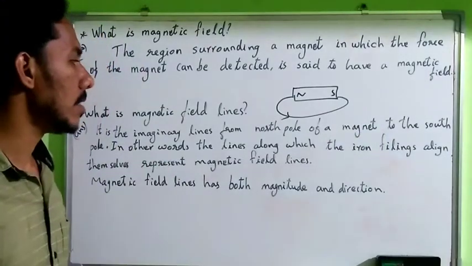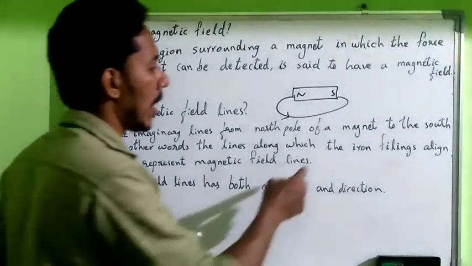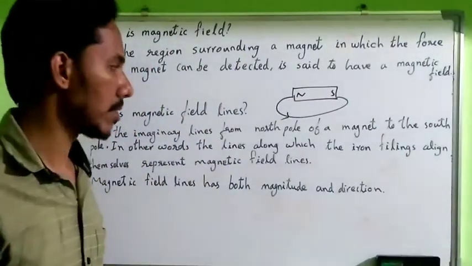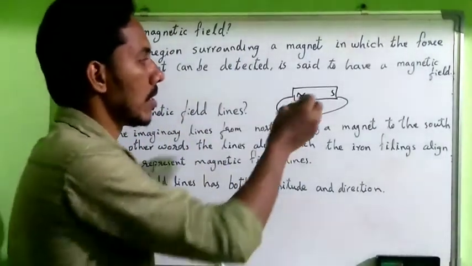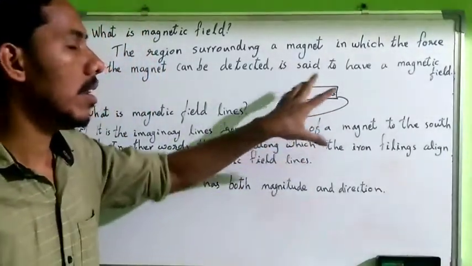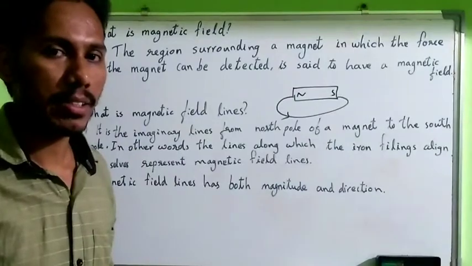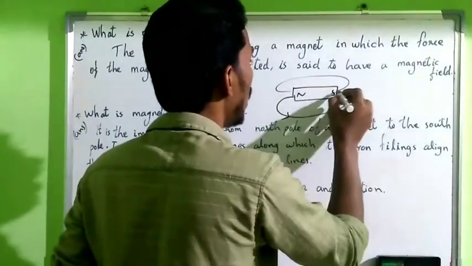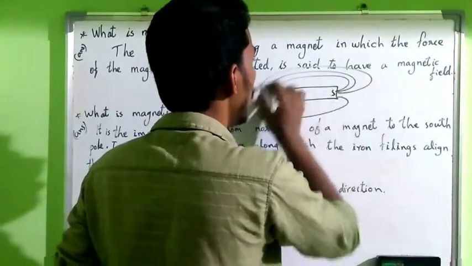In other words, the lines along which iron filings align themselves represent magnetic field lines. If you put iron filings around a magnet, you can see these iron filings align in a specific direction.